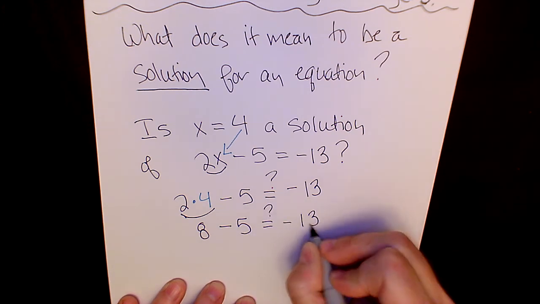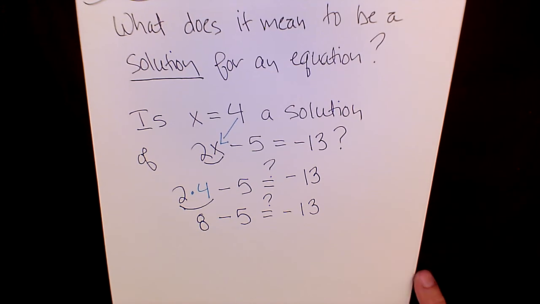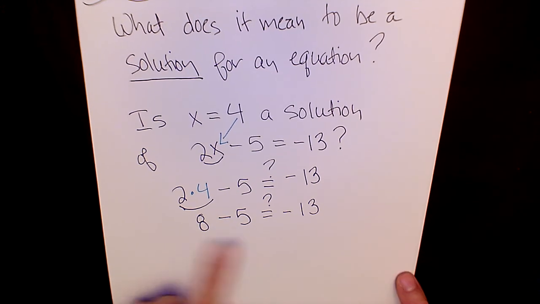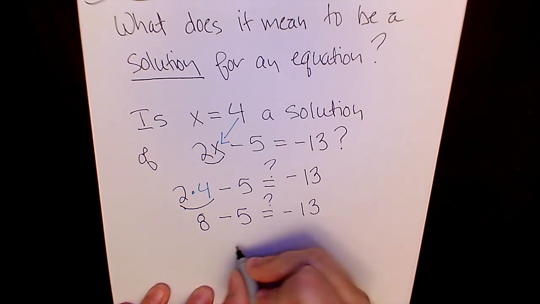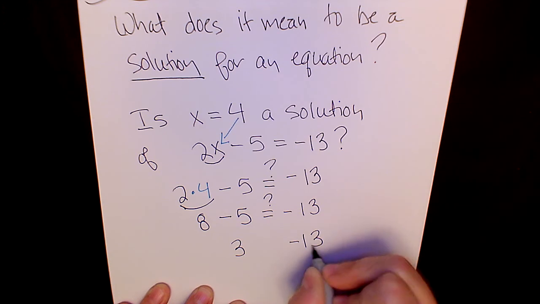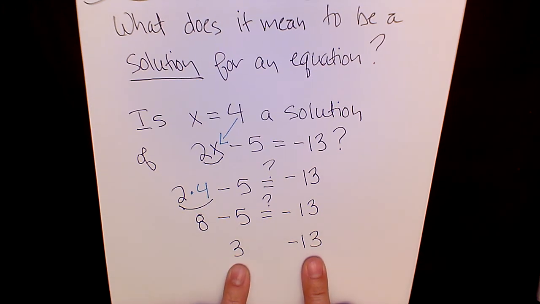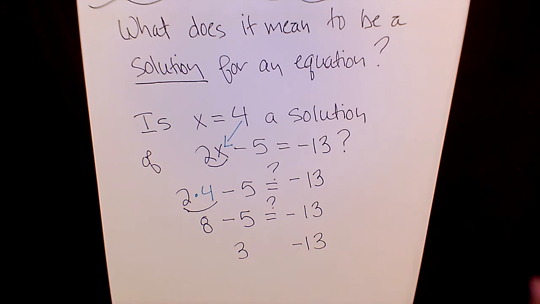Does that get me to negative 13? Well, what's 8 minus 5? That's 3. And on this side, I have a negative 13. Do those two equal each other?